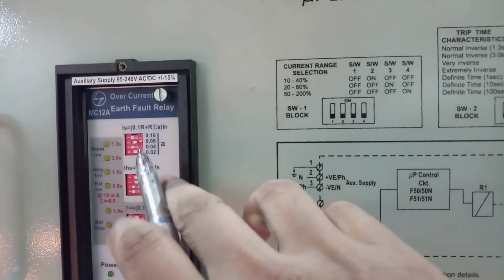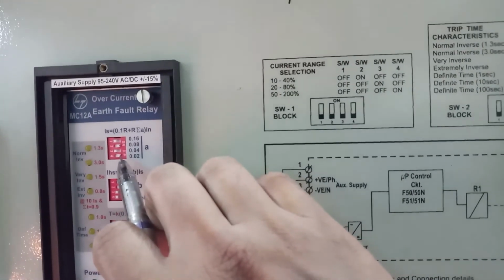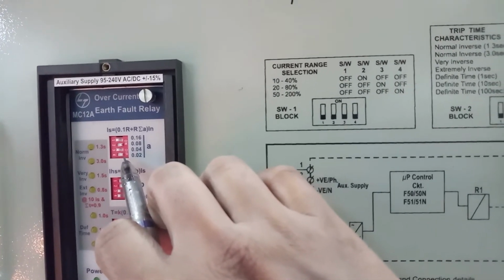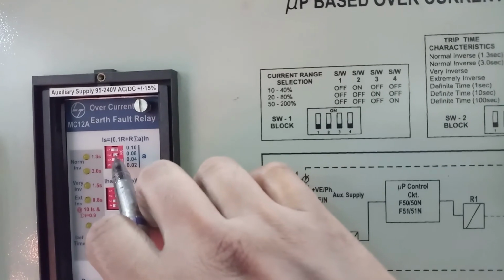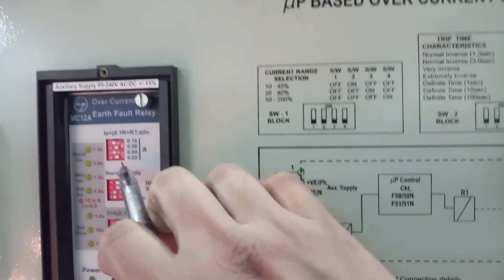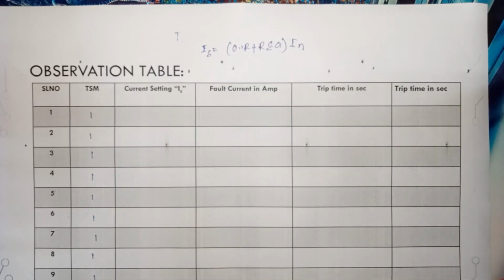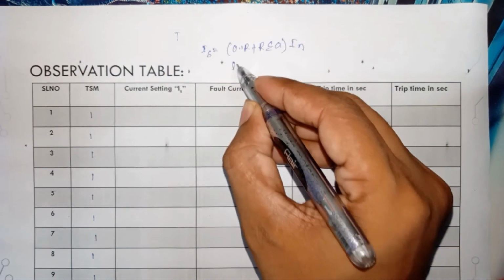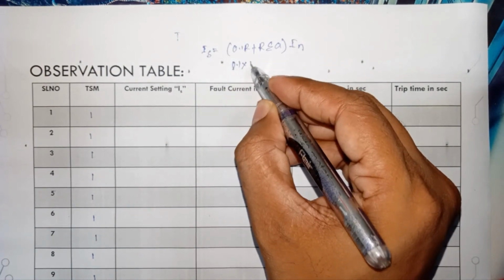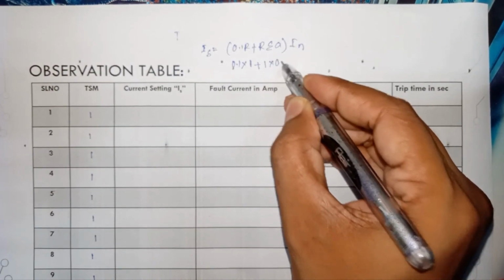Let's apply the value of R. And what is the sum of A? Here it is already there. 0.02 is turned on and 0.08 is turned on. So this is 0.08 plus 0.02, that is 0.1. So 0.1 into the R value, which we have seen is 1, plus 1 into 0.1.